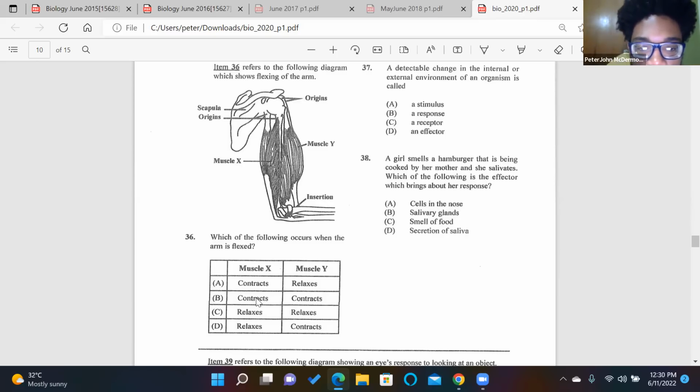So when you flex the arm, what happens? Does your biceps contract or relax? Contract. And does your triceps contract or relax? Relax. When you extend your arm, does your triceps contract or relax? Contract. Does your biceps contract or relax?